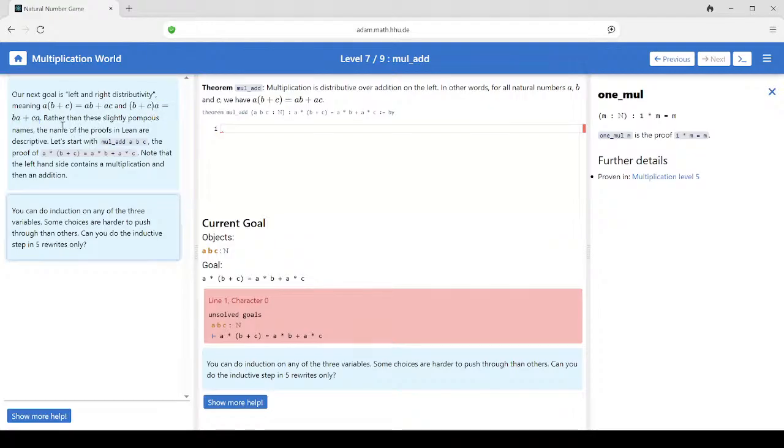Rather than these slightly pompous names, the name of the proofs in Lean are descriptive. Let's start with multiply add, ABC. The proof of A times (B plus C) equals A times B plus A times C. Note that the left-hand side contains multiplication and then an addition.